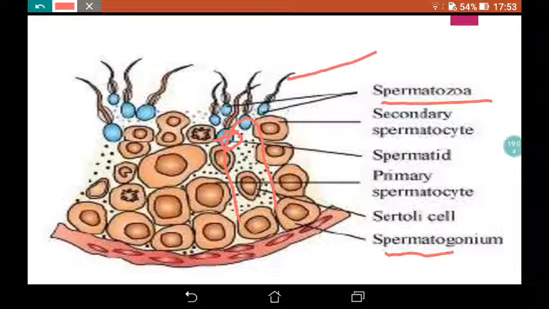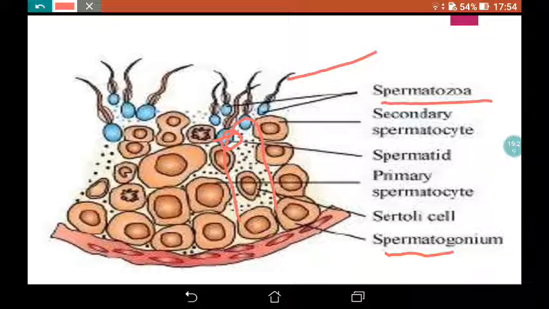We have discussed three different terms: spermatogenesis, that is the formation of spermatozoa from the spermatogonia cell. Clear? Spermatogenesis has one more late phase, which is called spermiogenesis, meaning conversion of a spermatid into a spermatozoa. Clear?